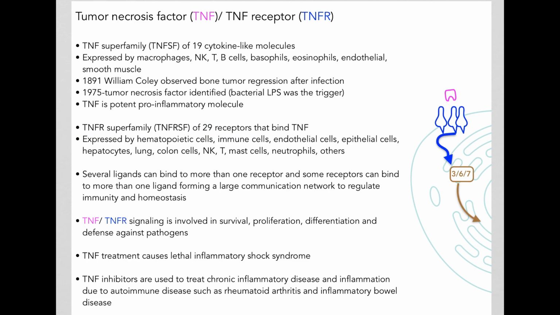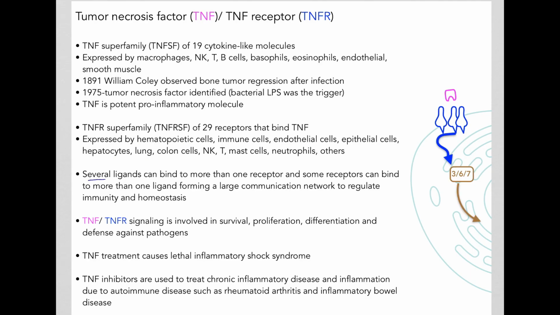And these receptors are expressed by various cells, such as the hematopoietic cells, immune cells, endothelial cells, epithelial cells, hepatocytes, lung, colon cells, natural killer cells, and so on. Many, many cells express the TNFRs.